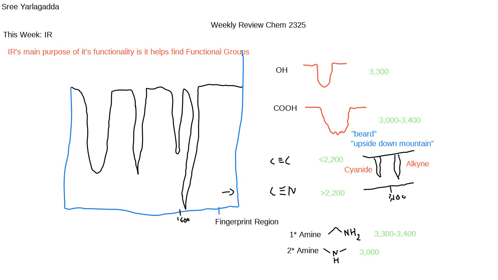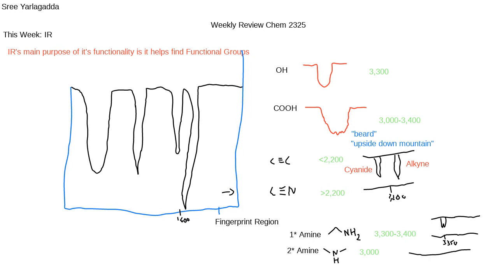Okay, so for example, for primary amine, it's actually going to have 2 peaks per se. So let's say this is 3350. Okay, you will see 2 peaks like that, like fangs.